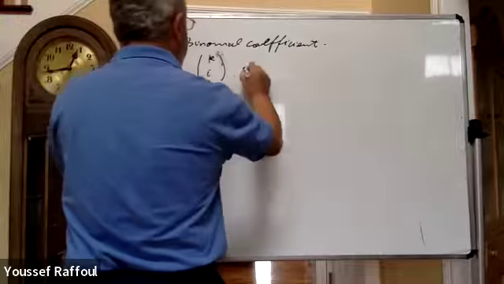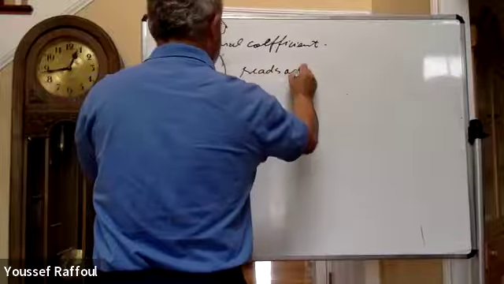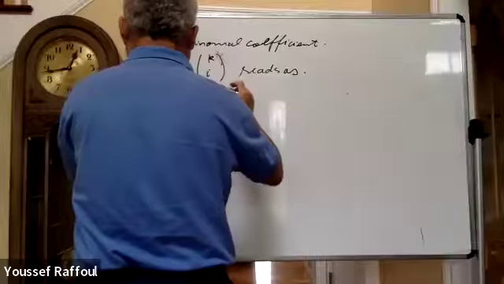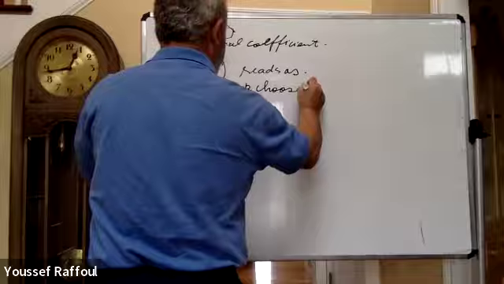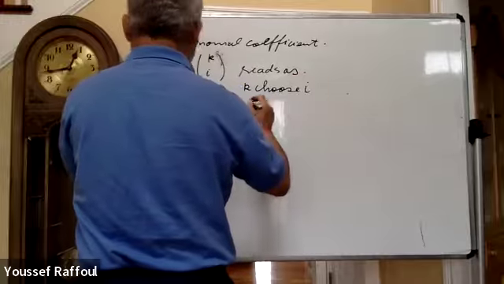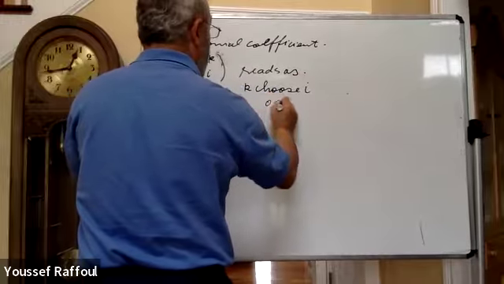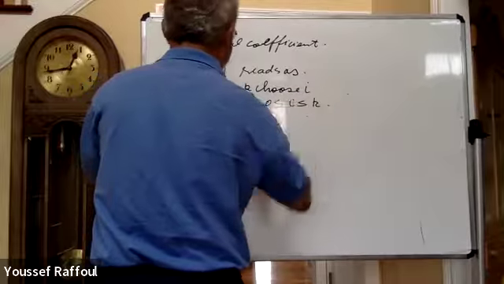This reads as k choose i, with 0 less or equal to i less or equal to k.